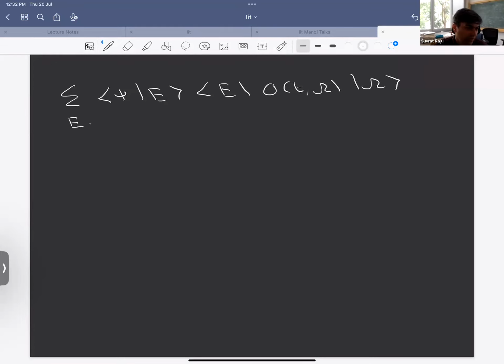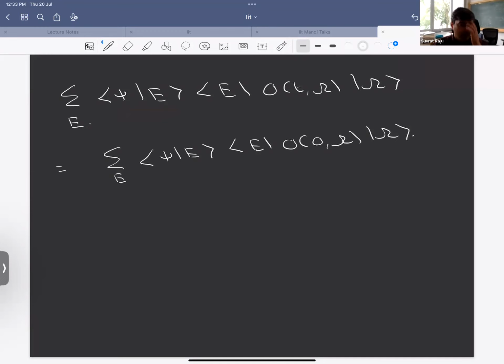Okay. So these are some coefficients. These are some numbers. They are whatever they are. But interestingly, we pull out a factor of e to the iEt here.